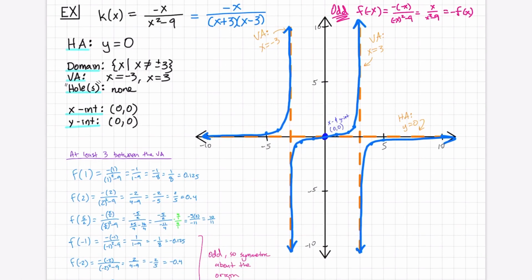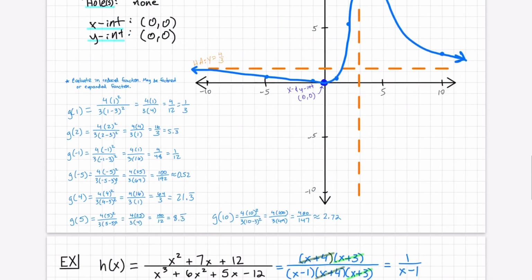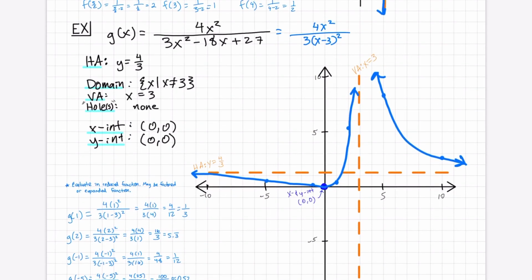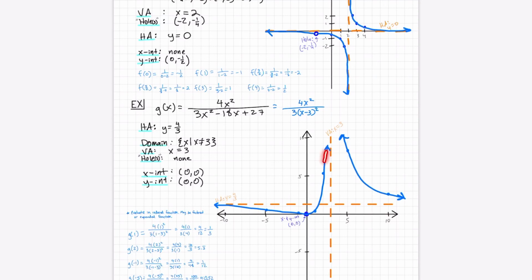All right, one last little thing I want to point out. Notice on this function, in terms of the vertical asymptote, the two sides are going in opposite directions. They're not on the same side of the vertical asymptote. But if I look back at this g of x, notice that if I kept going to infinity, these would be going side by side with each other, never touching, but getting closer.